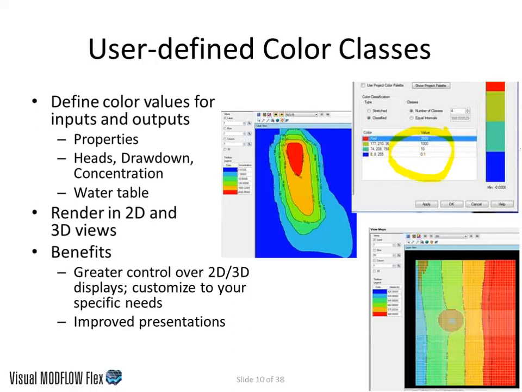So the values you put in there will then be reflected in the 2D and 3D visualization, and you can see here, hopefully, it's also going to be reflected in the legend that's displayed in the 2D and the 3D views. So really this gives you greater control over the 2D and 3D presentation of your model inputs and your results, allowing you to customize it to your own specific requirements, and should improve your overall experience when you're doing your presentations.